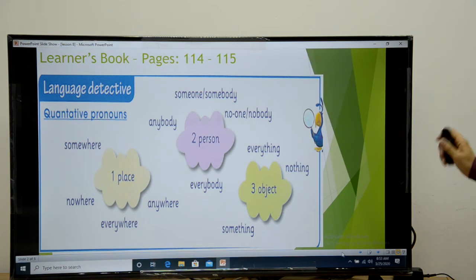What about anybody? It gives the negative meaning, but after you say not. Like I didn't meet anybody.